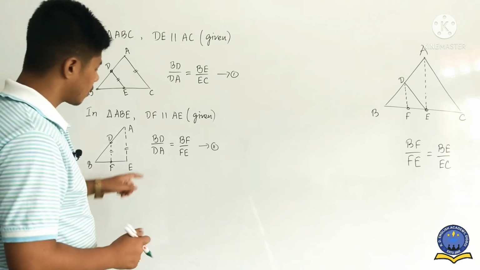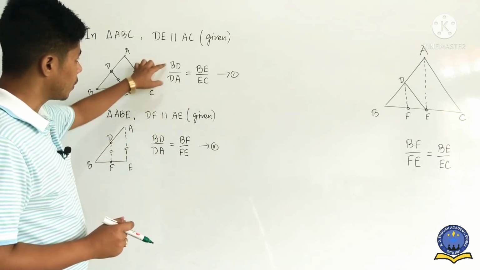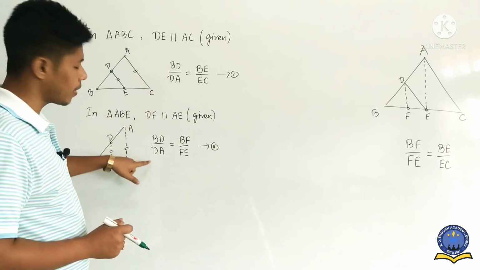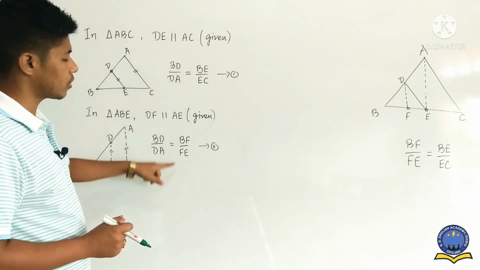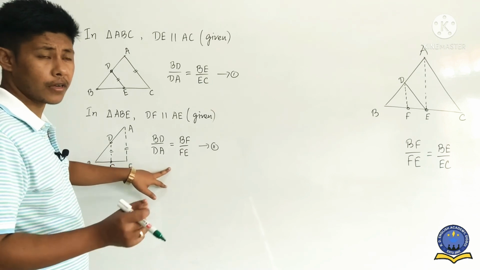Is it clear? So now here if you see equation number 1 and equation number 2, BD by DA is here, as well as in the second case BD by DA is here. So if the left hand sides are equal, that means the right hand sides are also equal. So easily we can compare these two results. All of you understood?